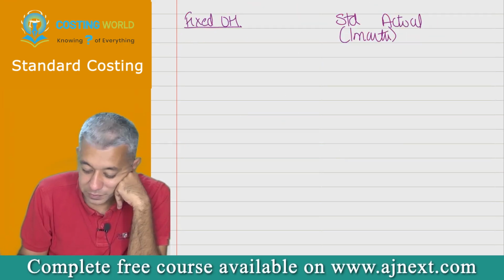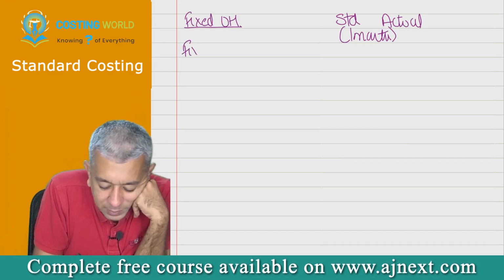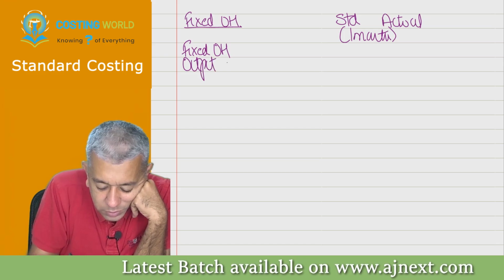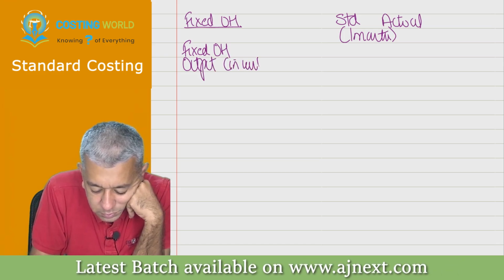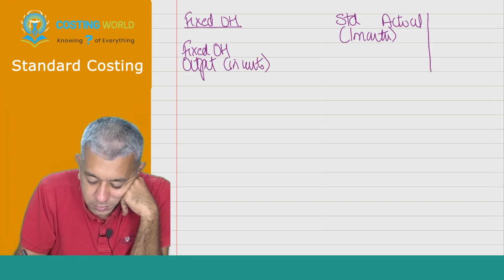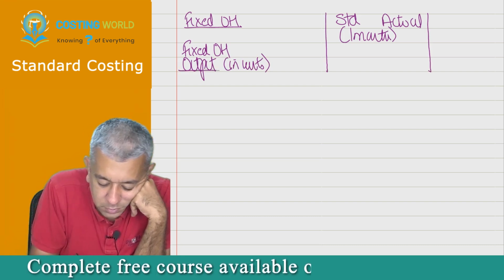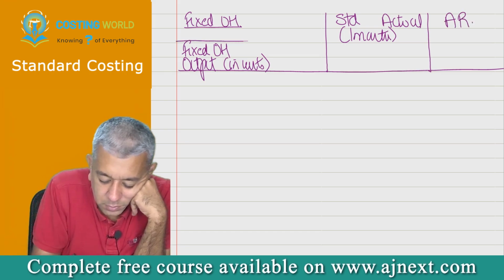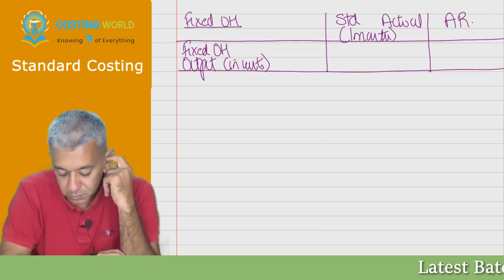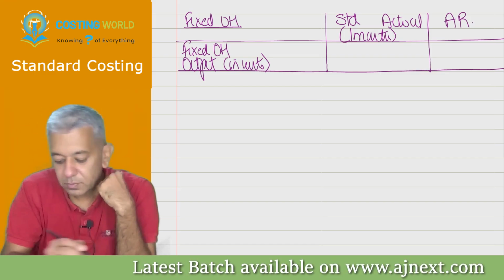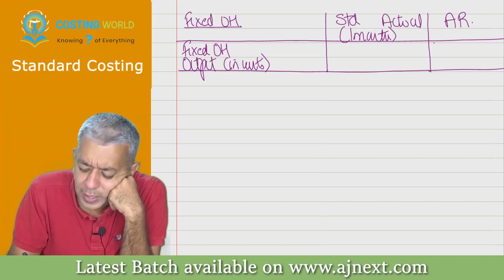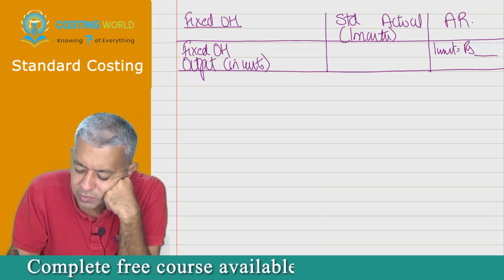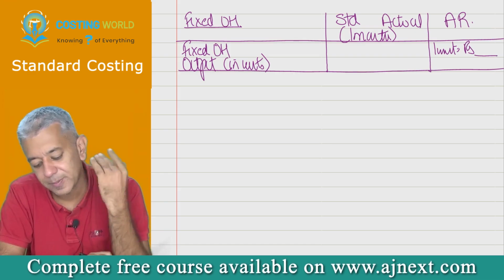Then further, over here I am writing fixed overheads. Over here I am writing output. Now, obviously, if you are only going to be writing this much amount of data, there is only one absorption rate which we require and which we can find. 1 unit is equal to some rupees.